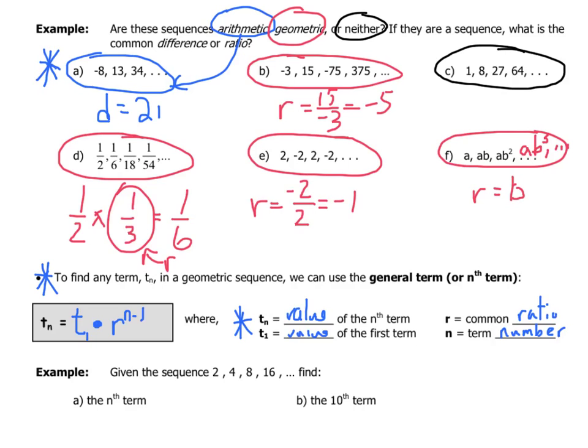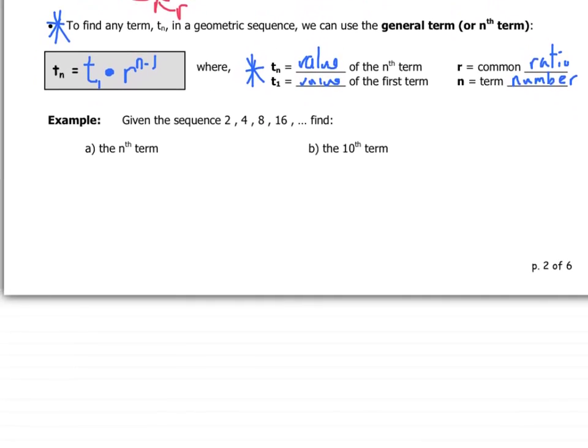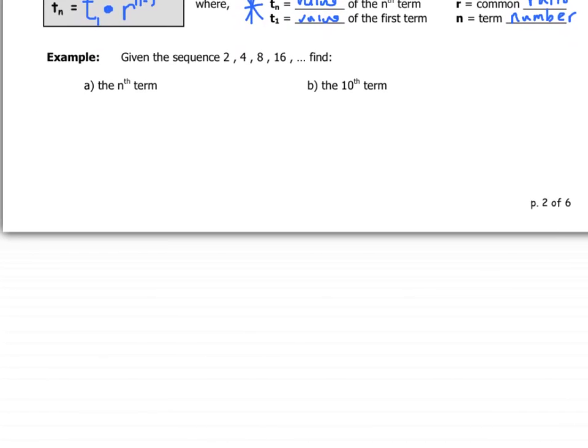Okay, let's scan down and take a look at the next example. Given the sequence 2, 4, 8, 16, I want to find the nth term and the 10th term. Okay, so the nth term can be given by the formula Tn equals T1 times R to the power of n minus 1.